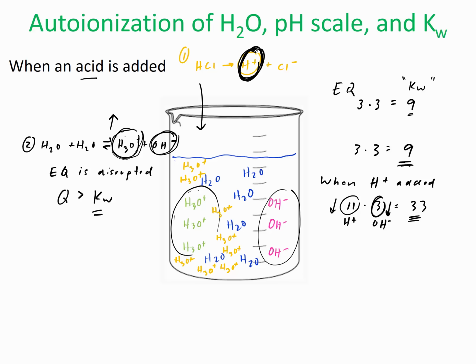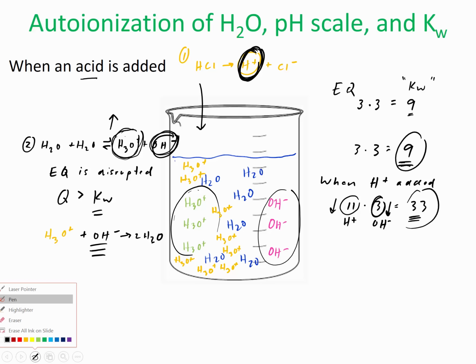So what happens is the newly formed H3O, I'll keep it consistent with the colors, will react with some of these OHs that we have here, and it'll make some water molecules in order to reduce this amount. Remember, we need to get back to this number here because we're way too high.